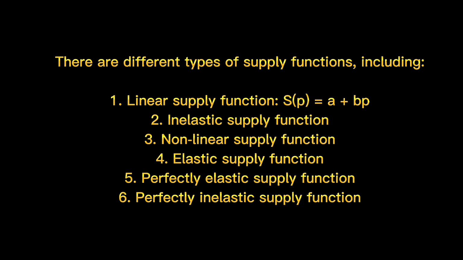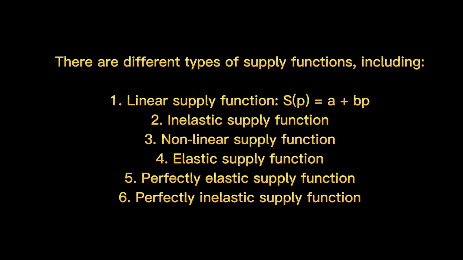Next is an inelastic supply function. This is a supply function in which the quantity supplied does not change much in response to changes in price. Next, elastic supply function. This is a supply function in which the quantity supplied changes significantly in response to changes in price. Next is the perfectly elastic supply function.